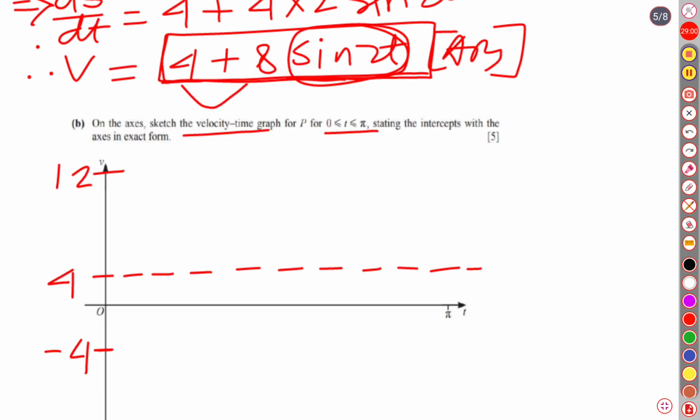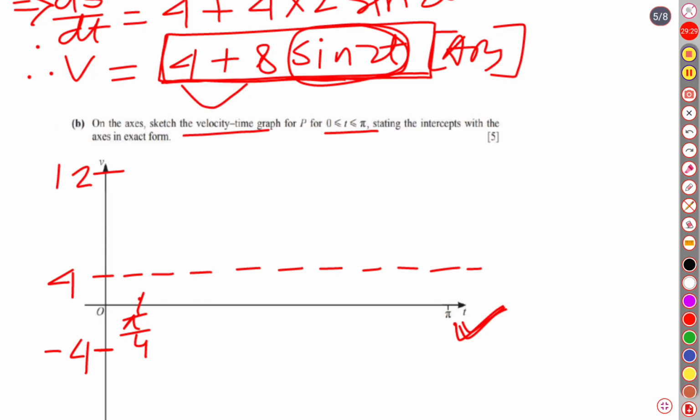Then what will we do? We will have to write here for the x-axis. Suppose this is pi, the upper limit of the domain is pi, and we can write here pi over 4. Let me write a little smaller in size. So suppose this is pi over 4, then the next one will be pi over 2.